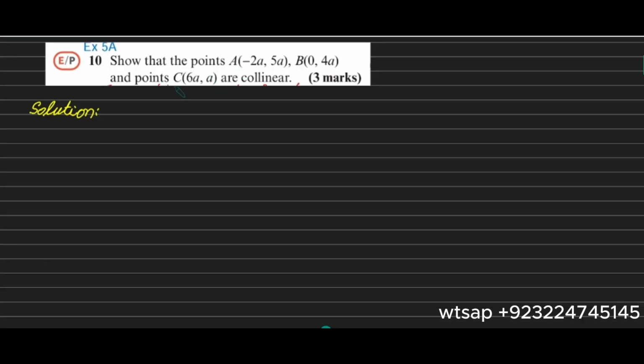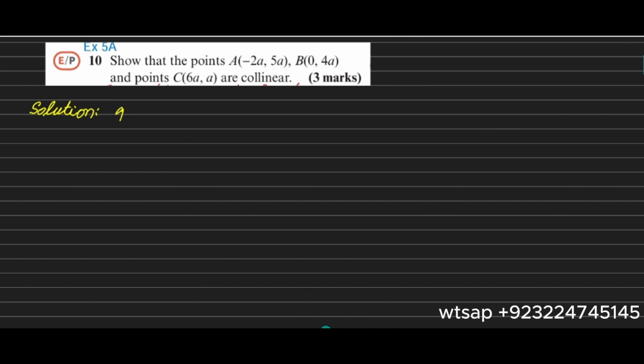In this question we have to show that A, B, C are collinear points. For collinear points we must know that if the slopes of lines AB and AC are equal, then we will say the points A, B, C are collinear. Now we solve it.